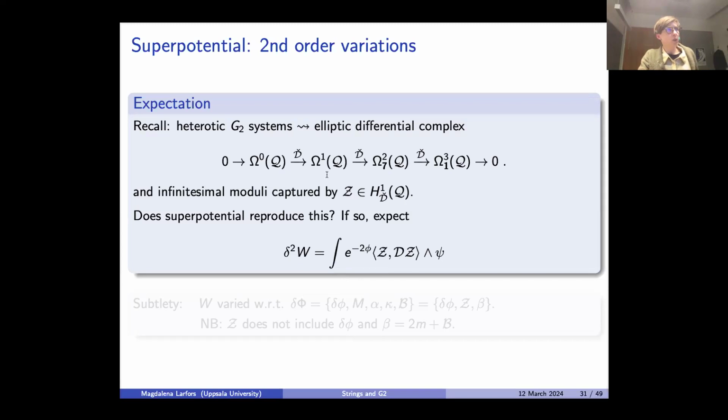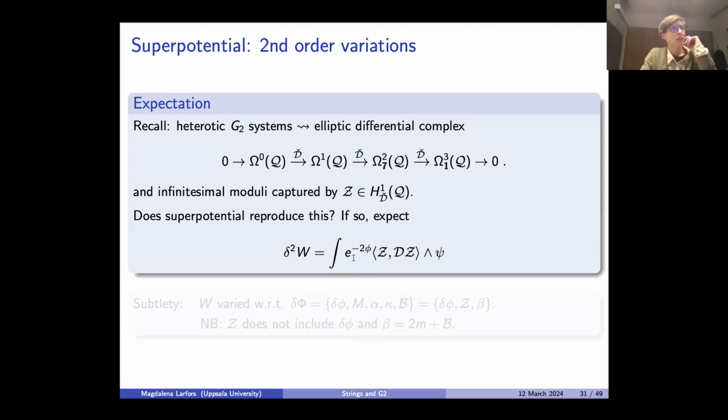So in order to reproduce this, the superpotential should have a form that looks something like this. The bracket here is basically just wedge and contract indices, these Q bundle valued indices. We have the dilaton here, and we have the 4 form here. So this is a 1 form, this gives us a 2 form, and then 4 forms, so we get 7 forms. So that looks nice, at least.